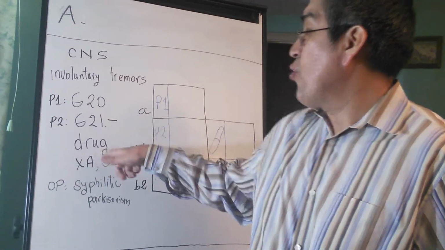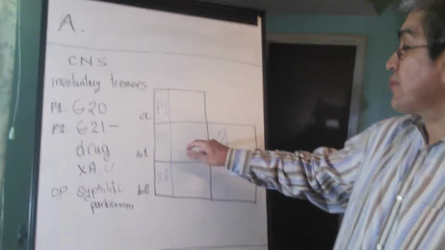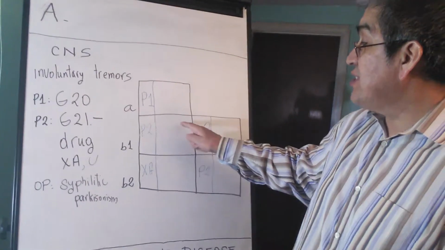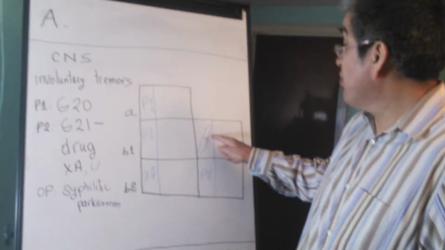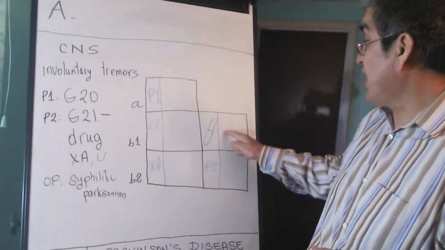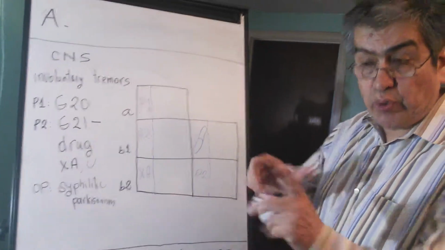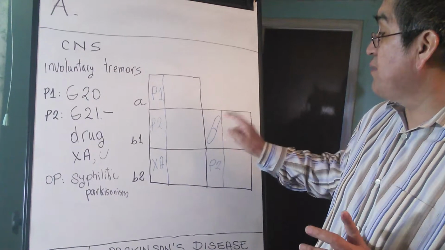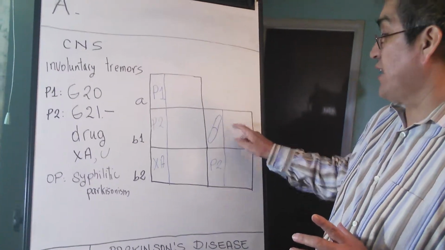So for these 2 ways, we have B1 and B2. When the secondary Parkinson is due to a drug, the G code for the disease goes first, and the drug code goes next. That's according to the instructions of the book. We're going to see it later, but I'm just telling you that this is the way it is. When it's because of a drug, the G code goes first and the drug code goes next.